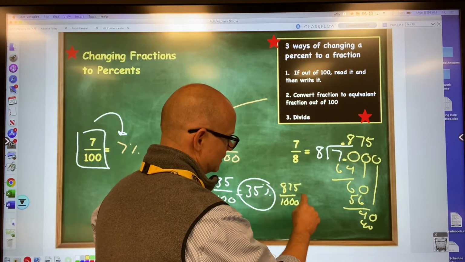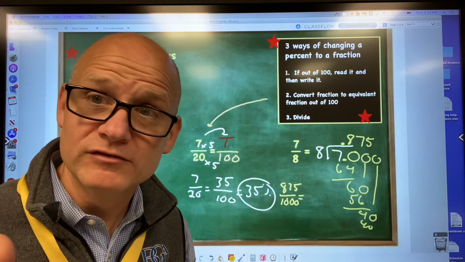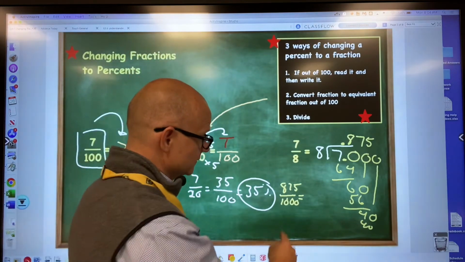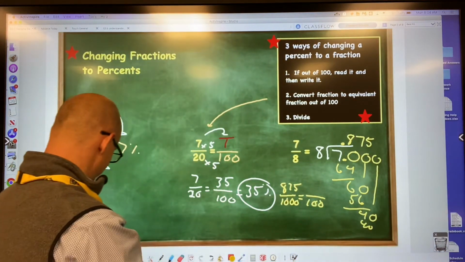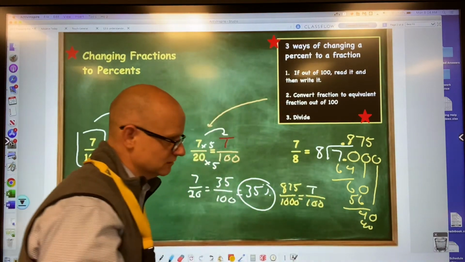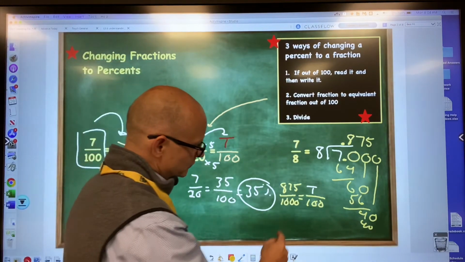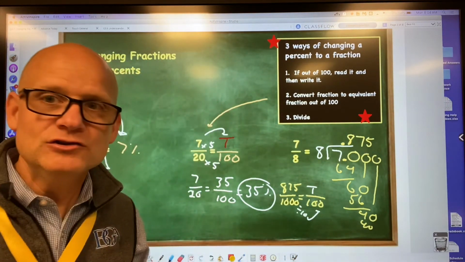Now that seems a little complicated, but remember, that means 875 out of 1,000. What are percents? They're out of 100. So your question is this: 875 out of 1,000 equals what out of 100? Well, all we're doing is dividing by 10. And you know the jump around method.